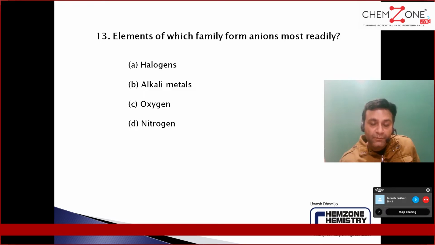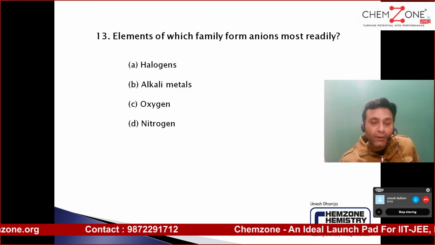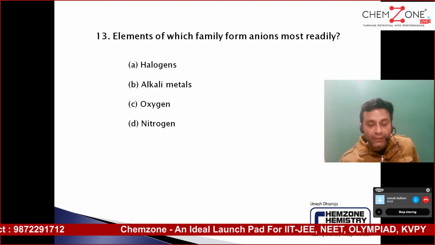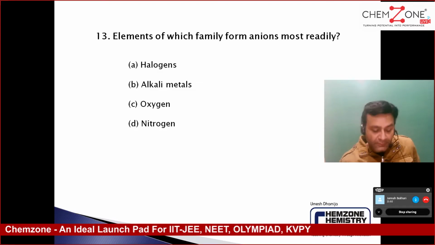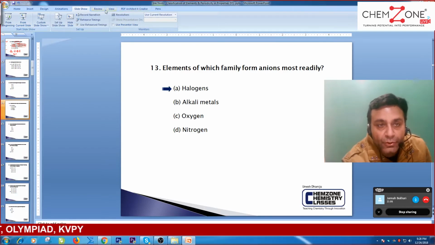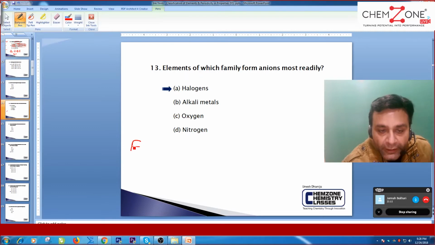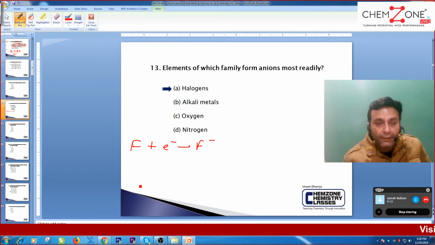So halogens. Can you tell me the names of the halogens? Fluorine, chlorine, bromine, iodine. So they have a tendency to gain electrons. Fluorine can easily gain an electron to become the F negative ion. They can easily form the anion.